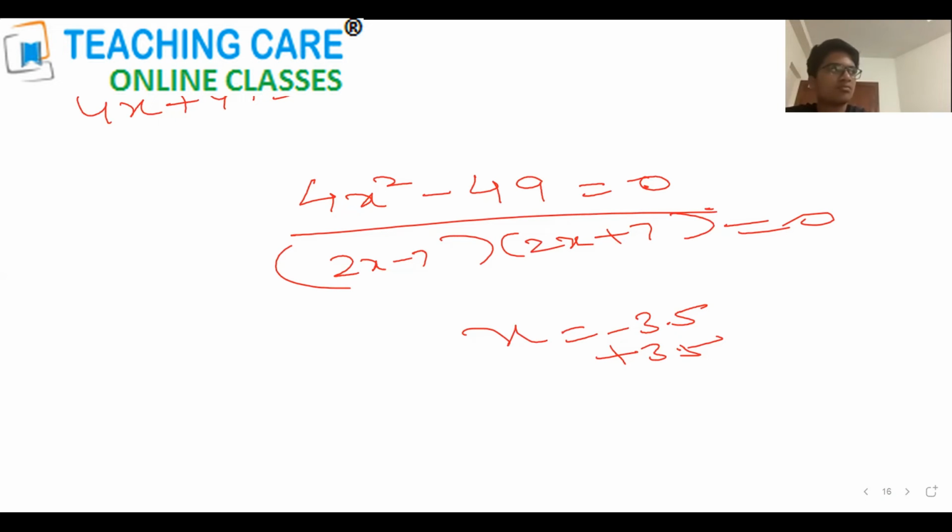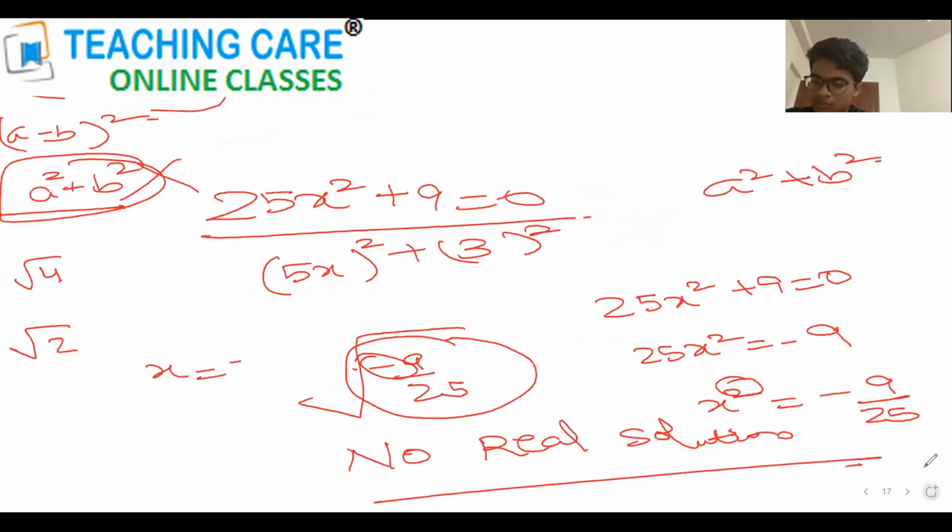Thing that we did? Yeah. Can we say this also has no real solution? I'm still doing it. You can also explain it one more way. You can give it a try and then we will discuss the second method. Okay.